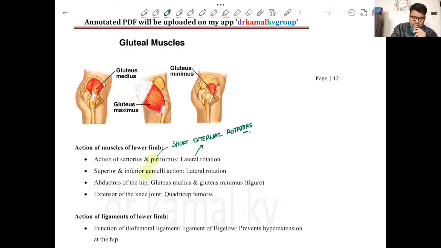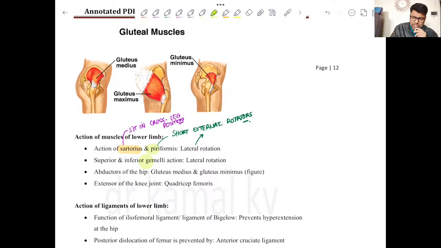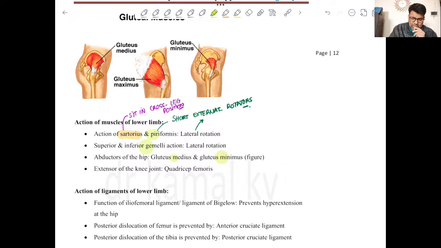And then sartorius is a very long muscle which acts at both the hip and knee joint, and it brings about the cross-leg sitting position. Clear? Abductors are gluteus medius and minimus, which we check in the Trendelenburg test. The extensor of the knee joint is the quadriceps femoris muscle, which is the main muscle in the anterior compartment of the thigh.